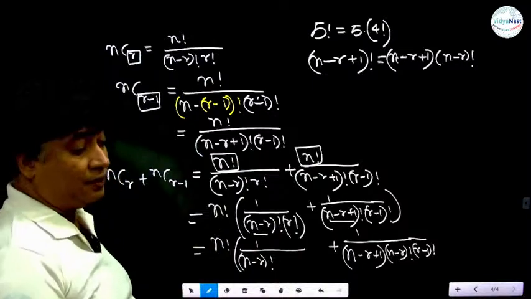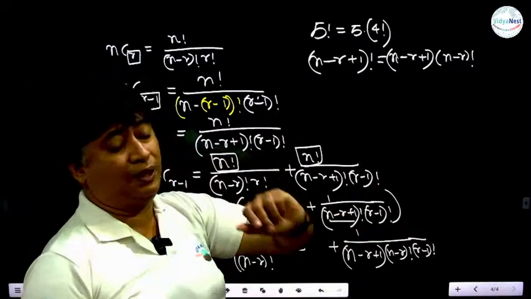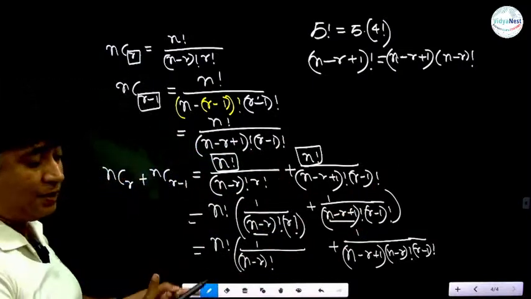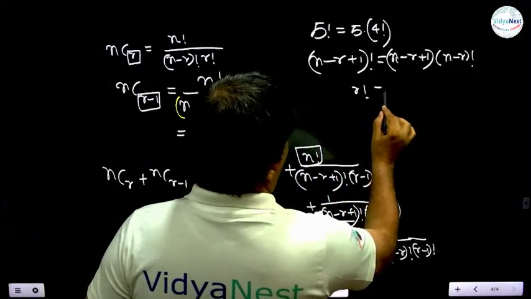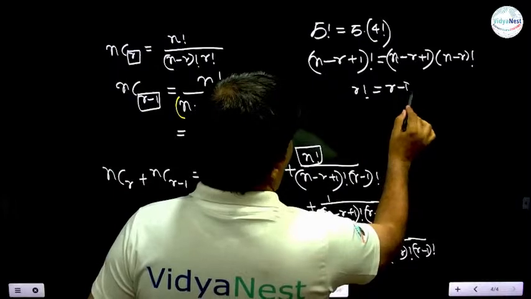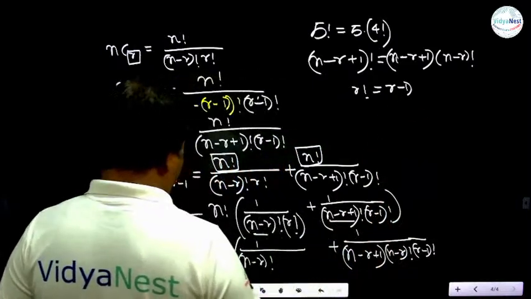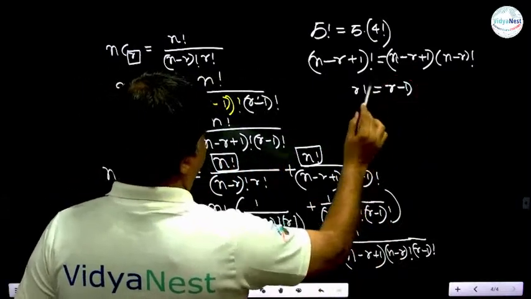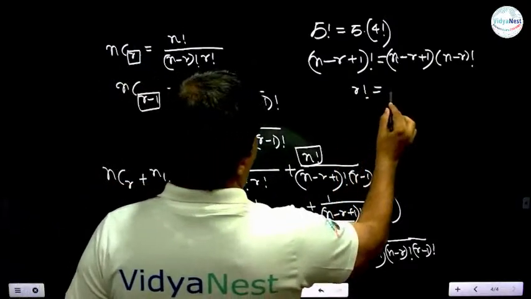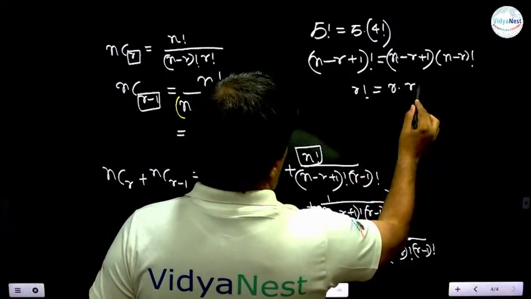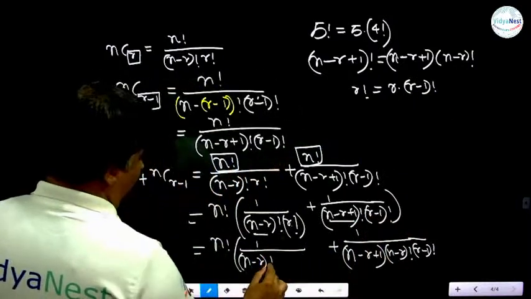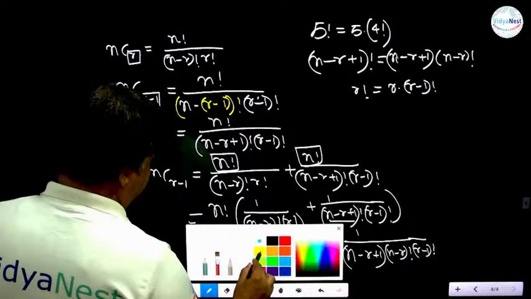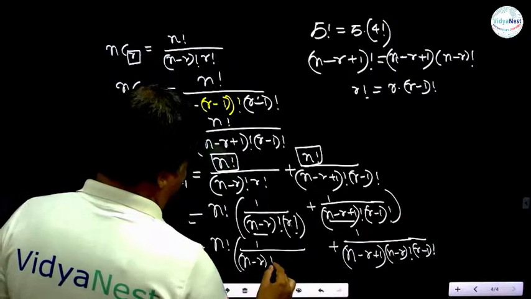Which is bigger, r or r minus 1? Obviously r is bigger. So factorial r can be split into its preceding factors: r into factorial r minus 1. So instead of r factorial, you can write r into r minus 1 factorial.